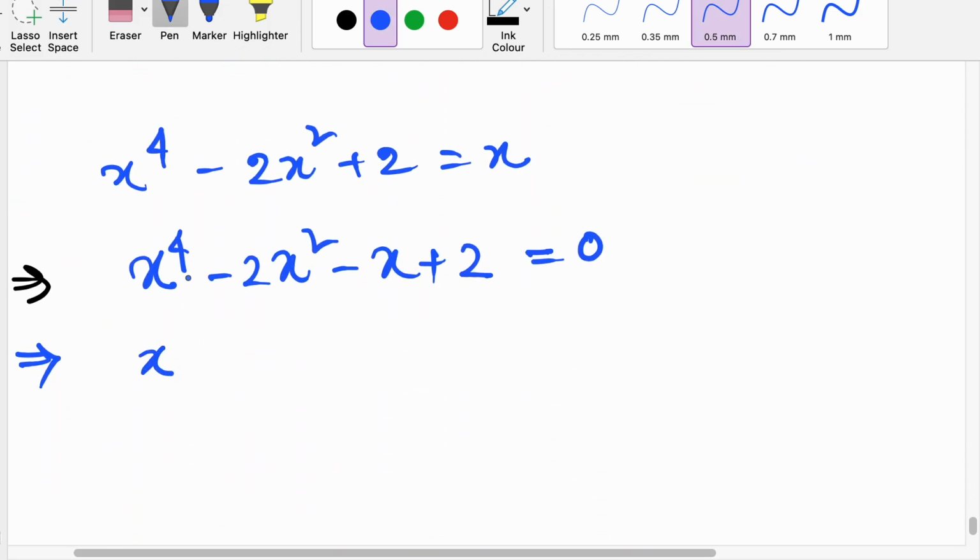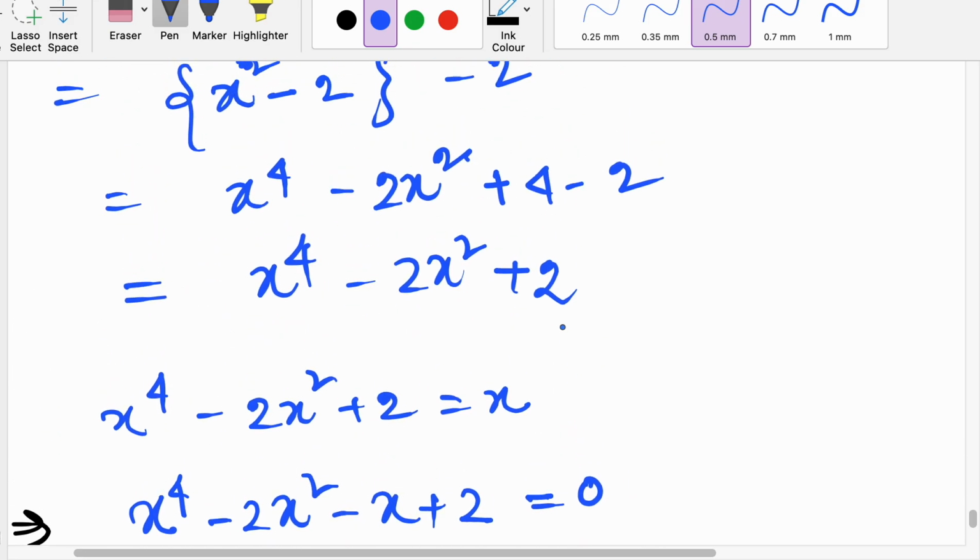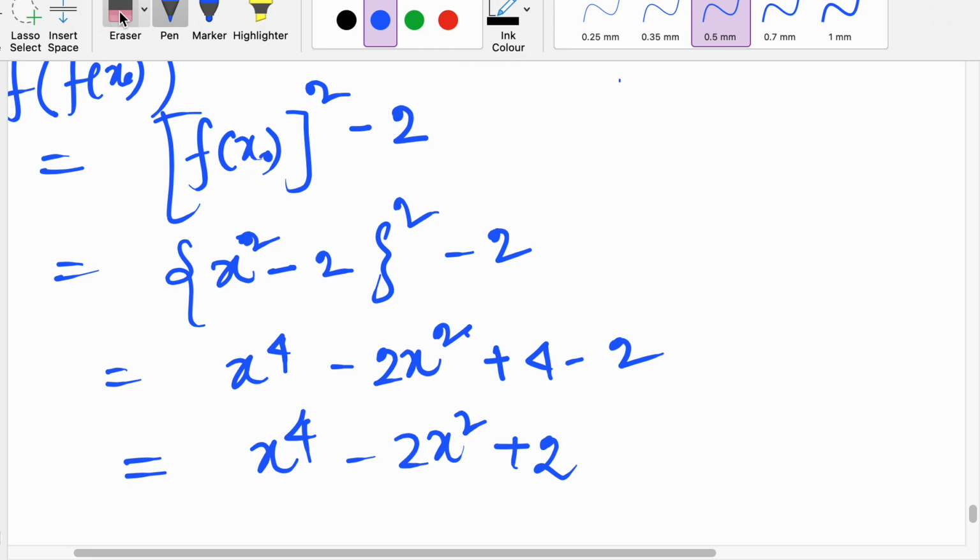So if I take x square from here, it will become x square minus 2, so minus 1, this will be x minus 2. No, it does not look like this. So maybe I am wrong here, that's why I am not getting the point.